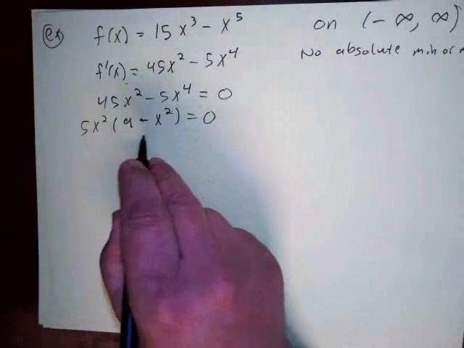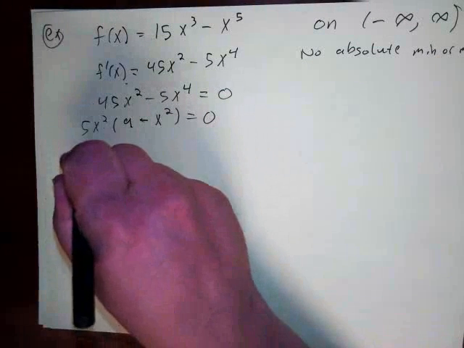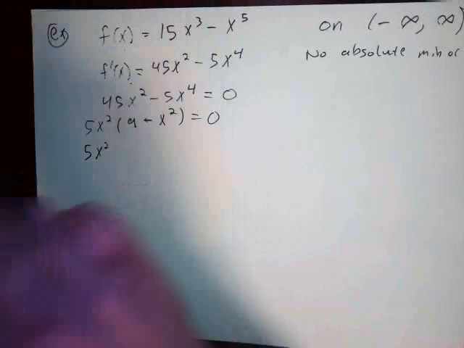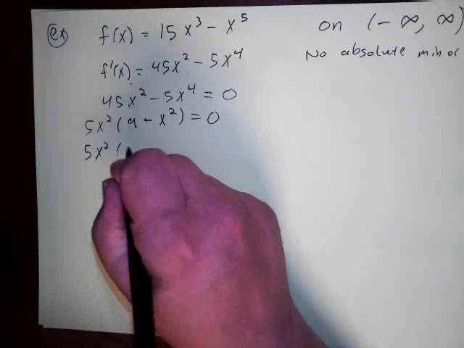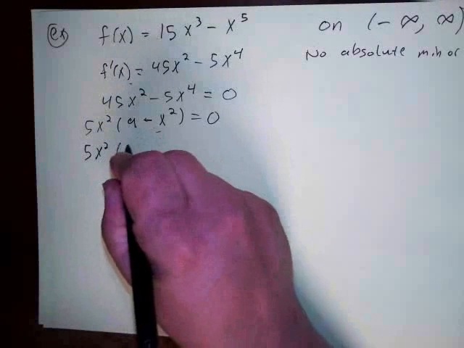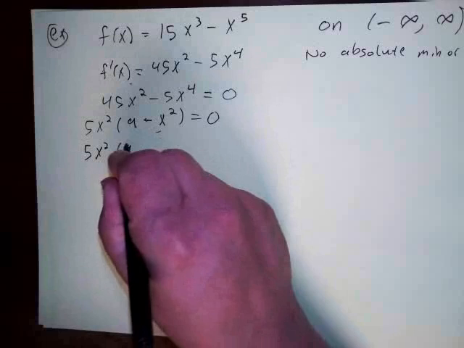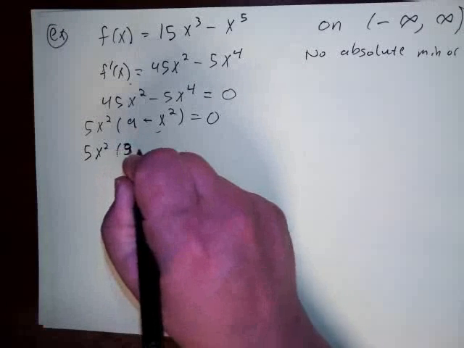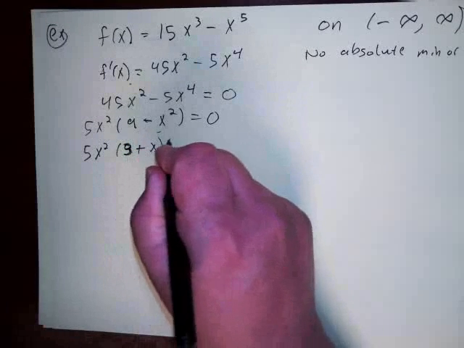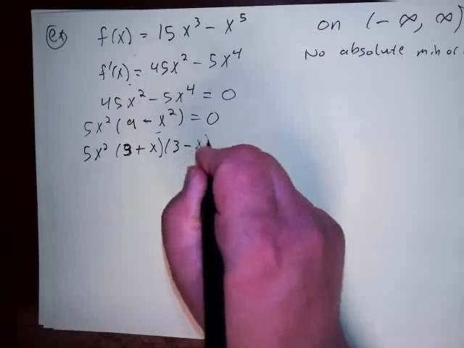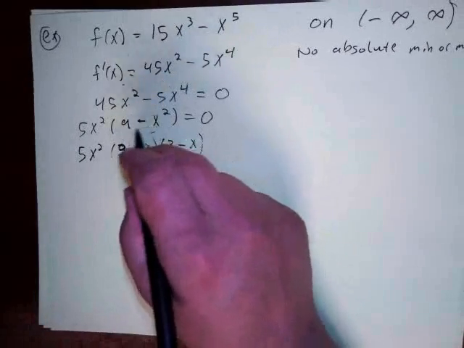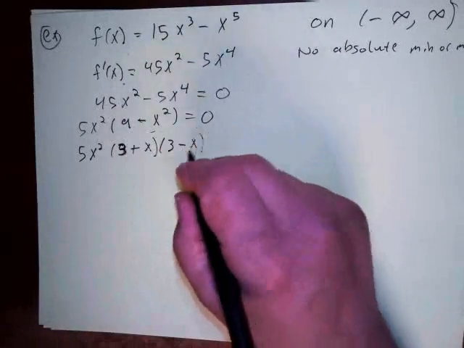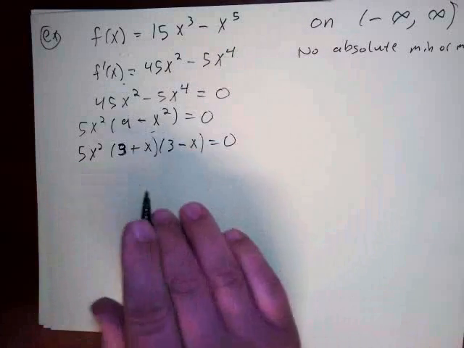And this is the difference of two squares, so I can factor that into the sum and difference of a binomial. Oh, and this would be 3 plus x, and then 3 minus x. A little weird having the constant and the x squared term switched around, but it's okay.